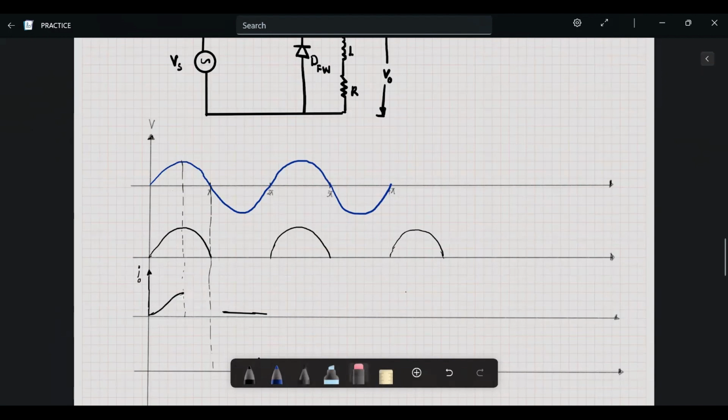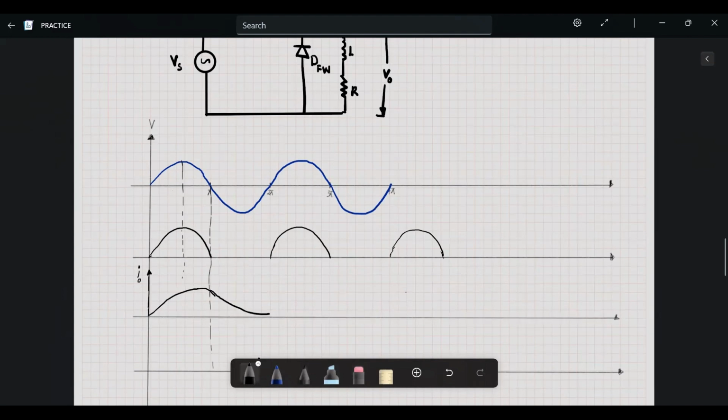In fact, let me just make this correction. Remember that the current lags behind the voltage in an inductive load. So what will happen is that they don't reach maximum at the same point, but the behavior will look like this. So this is the point when the current reaches the maximum, because the current is lagging behind the voltage, right? And then it starts decaying until the next cycle. If the inductor is large enough, during this whole period it will be decaying.